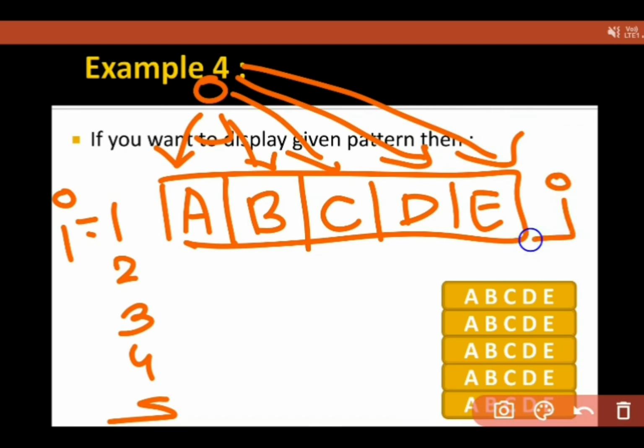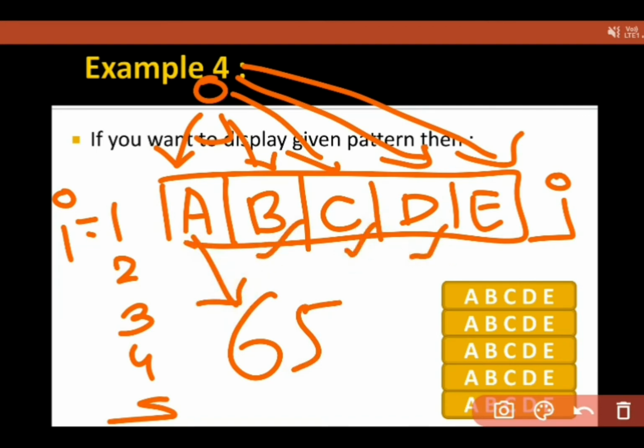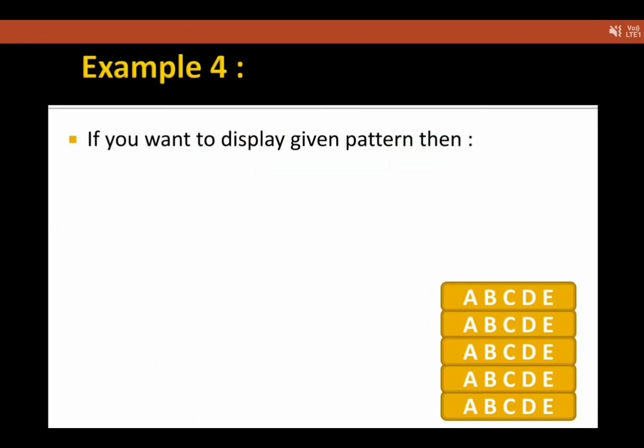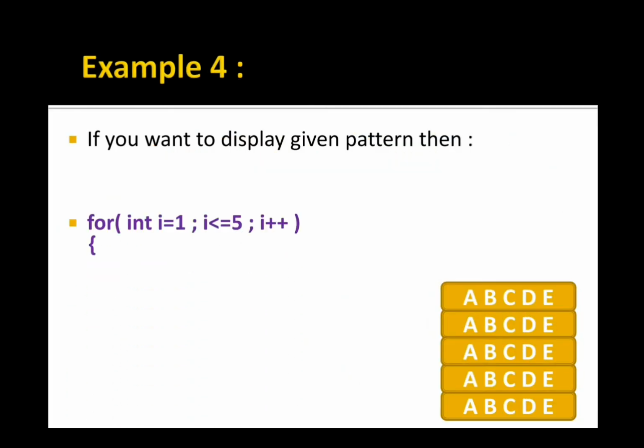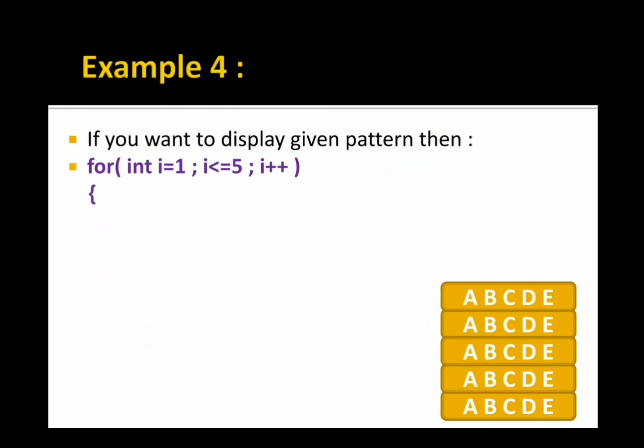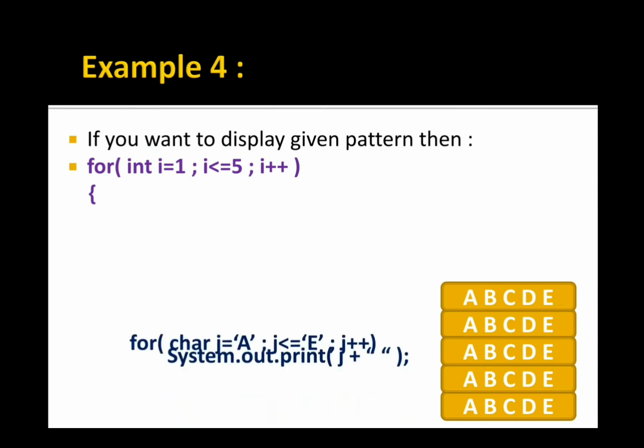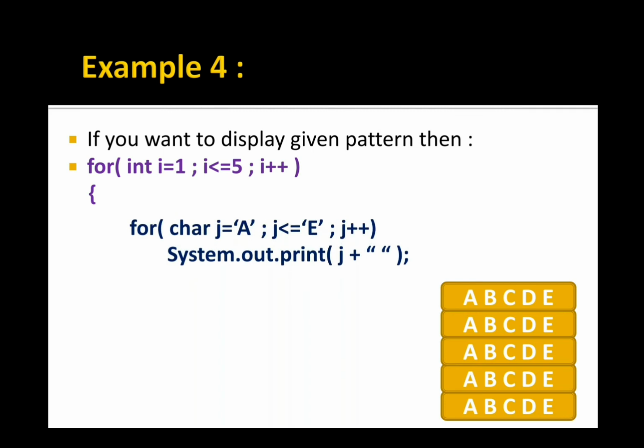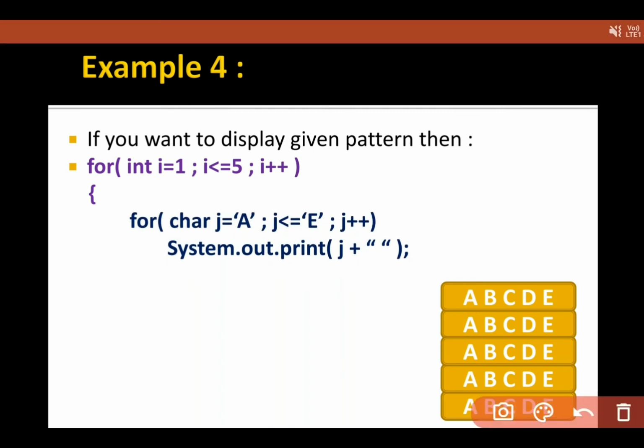Now, how do we display our j? We can use ASCII code also, because the ASCII code of A is 65, then it is 66, 67, 68, 69. 65 to 69, what do we have to do for the same activity? I'm using an outer loop that continues the activity 5 times. Now the inner part. I can use the ASCII code, and I can use it in this way also.